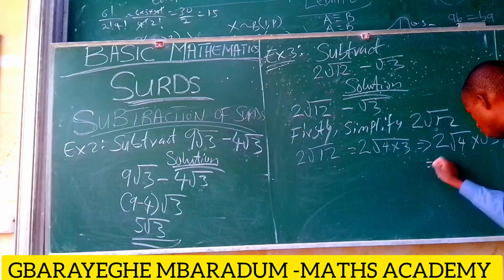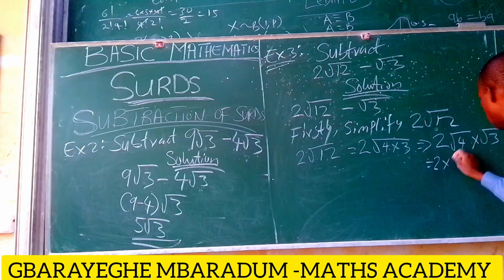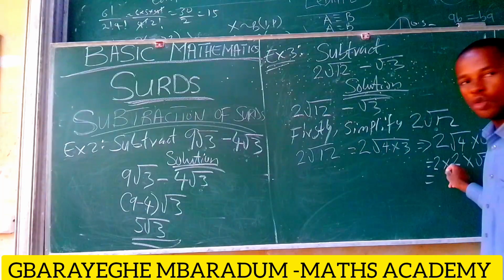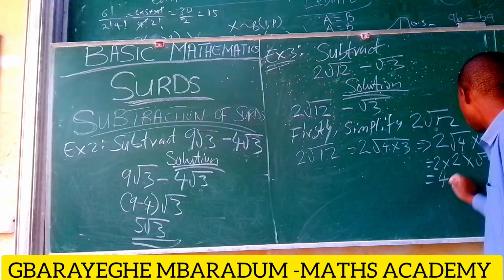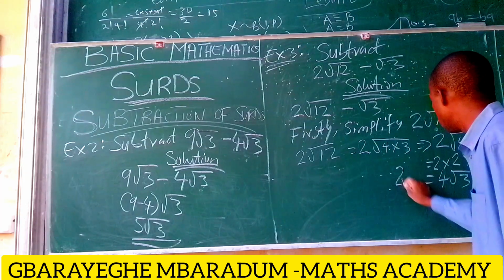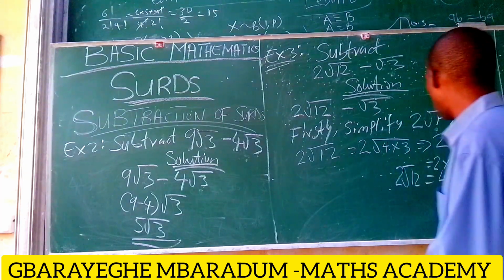This implies 2 times root 4, which is 2, times root 3. Root 3 cannot be simplified further, so we leave it in that same form. Then 2 times 2 is 4, root 3. Therefore, 2 root 12 equals 4 root 3.